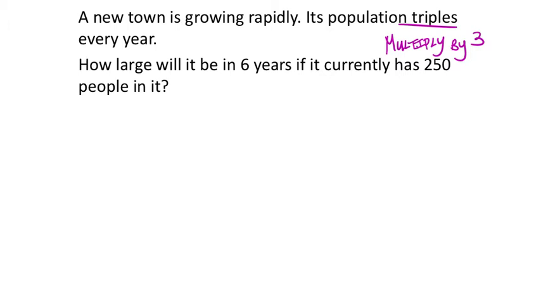Now again, you could say you're going to take the 250, and you're going to triple that. So on my calculator, do 250 times 3, enter, and that says that after the first year you'd have 750.